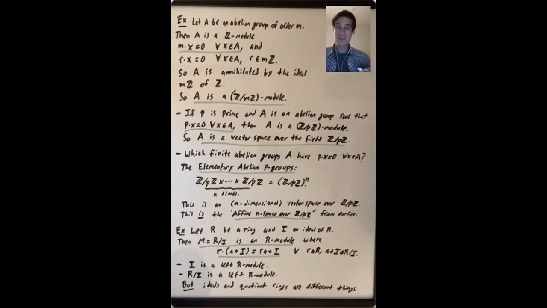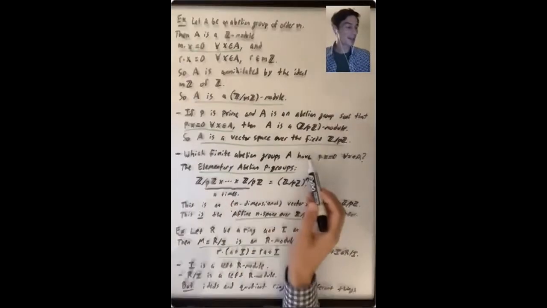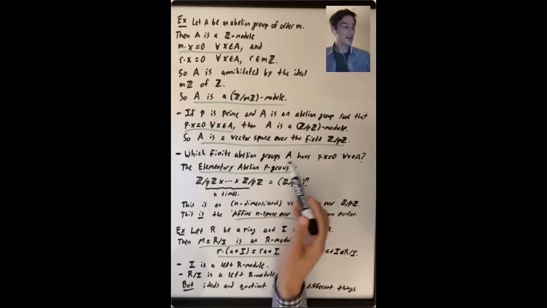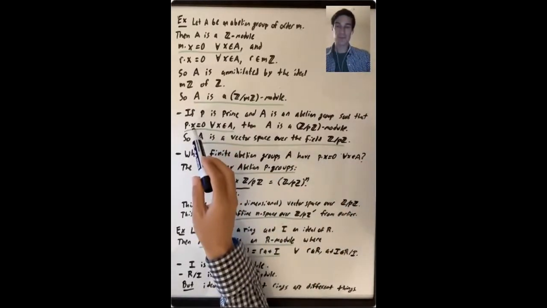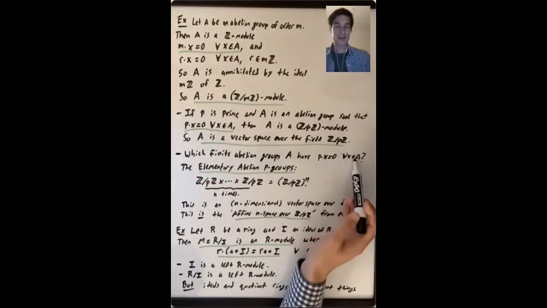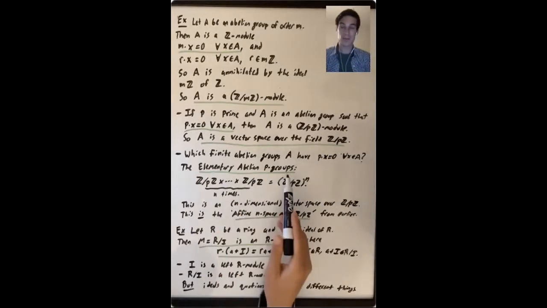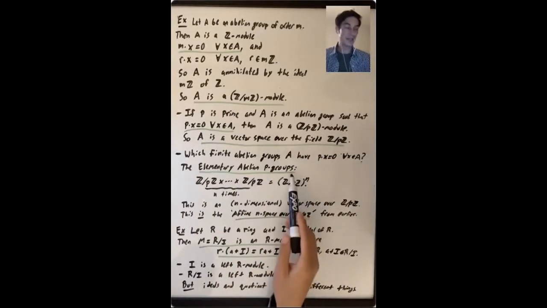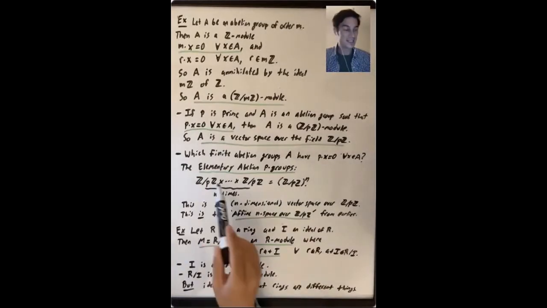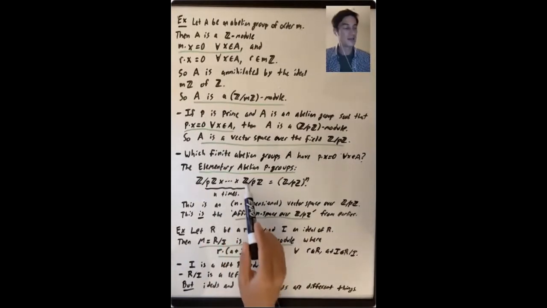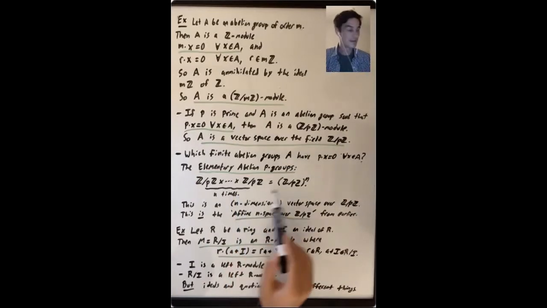Which finite abelian groups are we actually talking about? Which finite abelian groups A have this property that P.x equals 0 for all x in the group? These are exactly the finite abelian groups of exponent P, which are the elementary abelian P groups that we talked about in Math 206a. So this is Z mod PZ cross Z mod PZ cross, and so on, cross Z mod PZ, n times, which you can write with this notation Z mod PZ to the n.